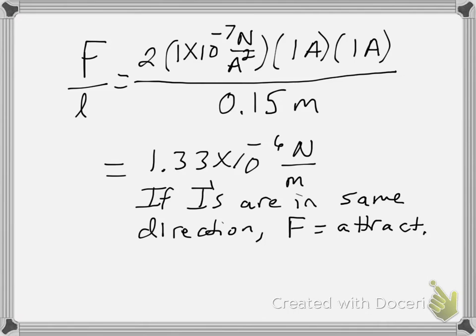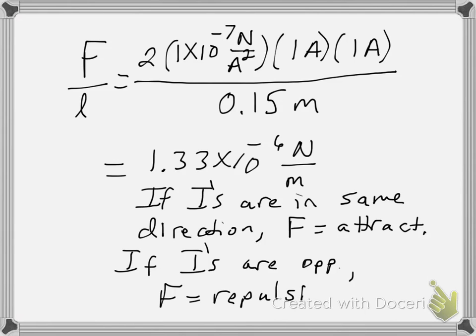And if they're opposite, the force will be repulsive. But the magnitude will not change. It will only change how the wires affect each other. They will bend inward toward each other or away from each other.